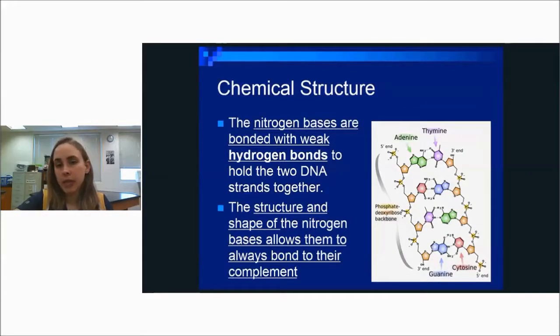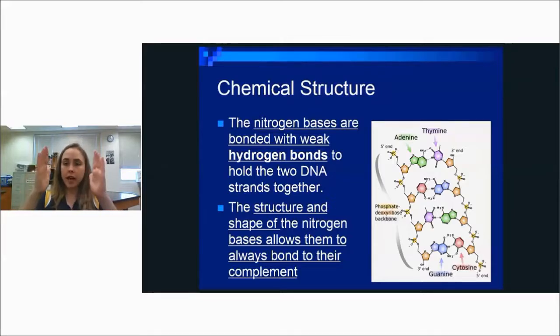The hydrogen bonds in the middle are very weak, and they're easy to separate. Hydrogen bonds are also what bond together water molecules, and if you remember from our unit on water, we talked about how they are a very weak bond, and they can be pulled apart very easily.